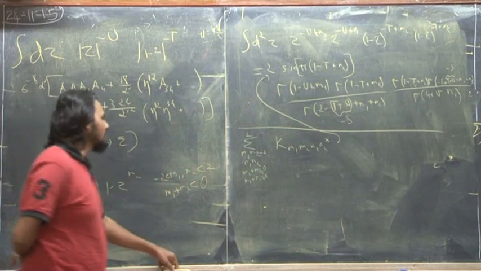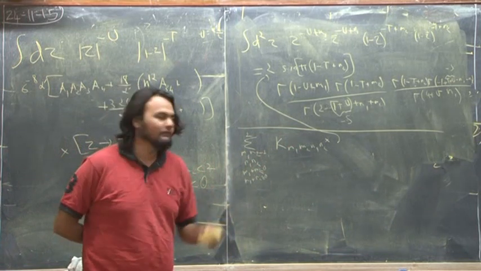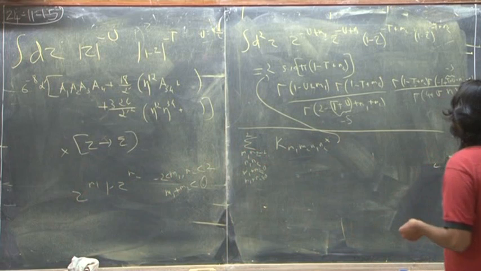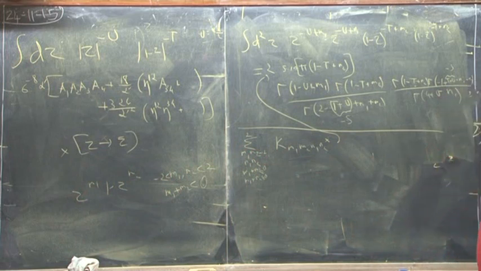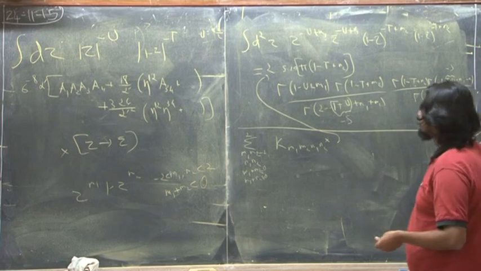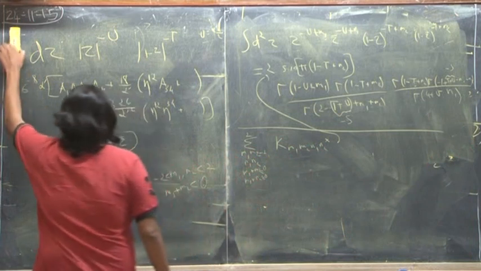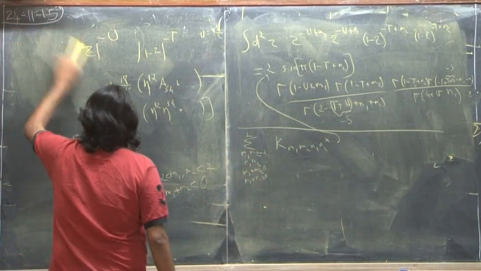So the first thing we can do is look at the poles. You can look at S channel poles, T channel poles, U channel poles. This guy has all three of them. Let's look at the S channel poles.